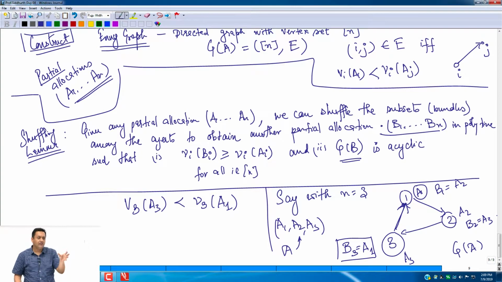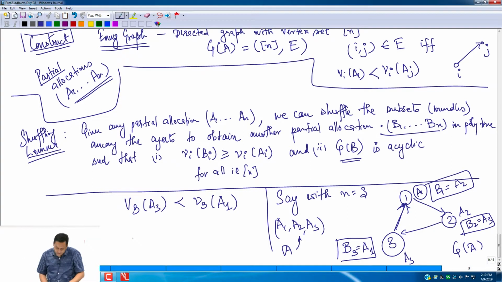I just give every edge: I am envious of you, I'll get your bundle. Someone else is envious of me, that person gets my bundle, and it repeats. Is the process clear? So I just rotate the cycle, if you will. But note that because of this inequality, what I have done is B3 is A1.